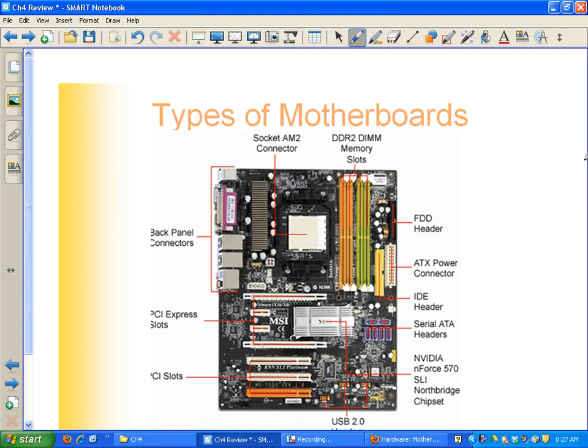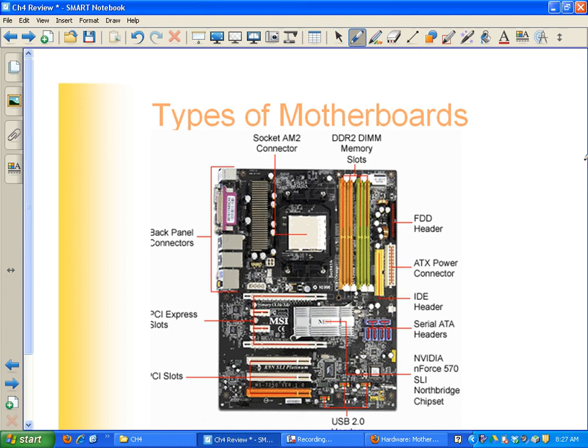I have to change my questions to say most likely for, because we learned that there are LGA sockets on AMD, just not that many. And here's our North Bridge, or North Bus, or North chipset. It's under the bigger heat sink right there. That's why that other heat sink is on there.